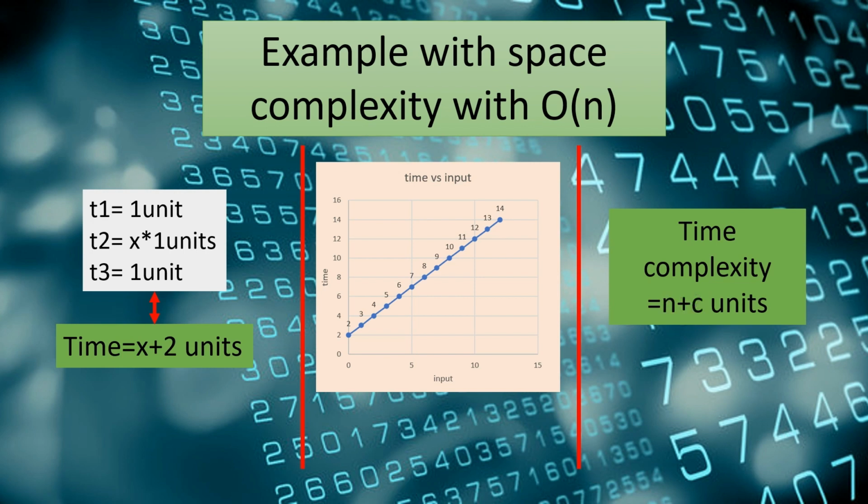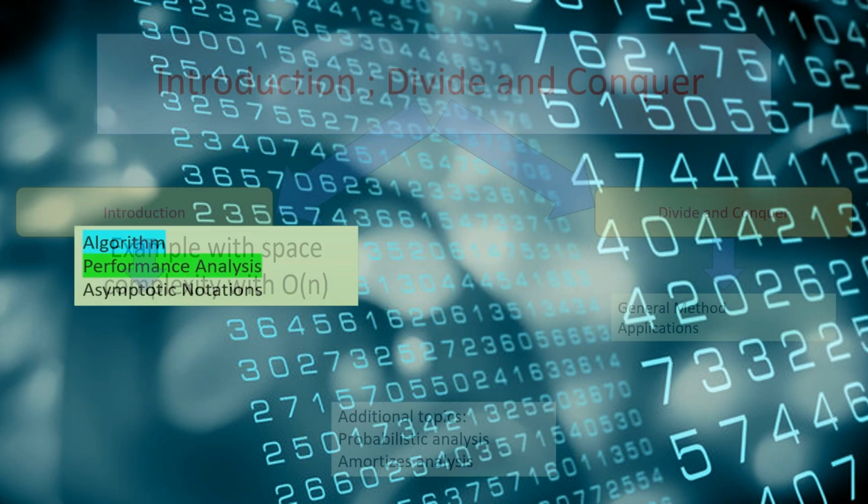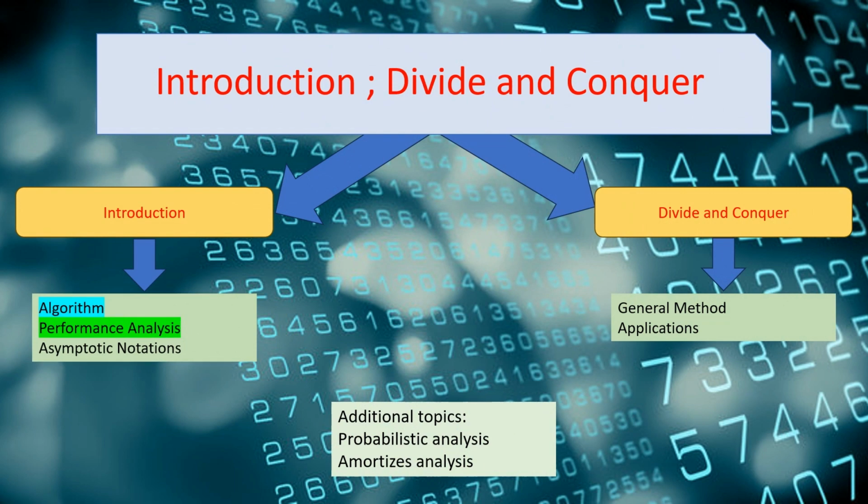Now, we can generalize the time complexity and write it as n plus c units. Therefore, time complexity is equal to O of n. In this video, we have learned about performance analysis and measurements used for performance analysis, which are space complexity and time complexity.